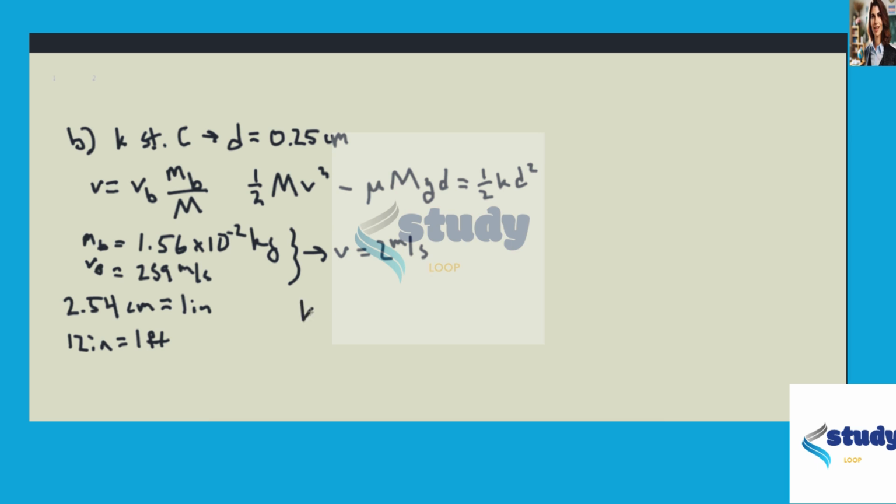Now K, we just multiply both sides of this by 2 and divide by d squared. And so we have, this is m d squared minus 2 mu m g d divided by d squared.